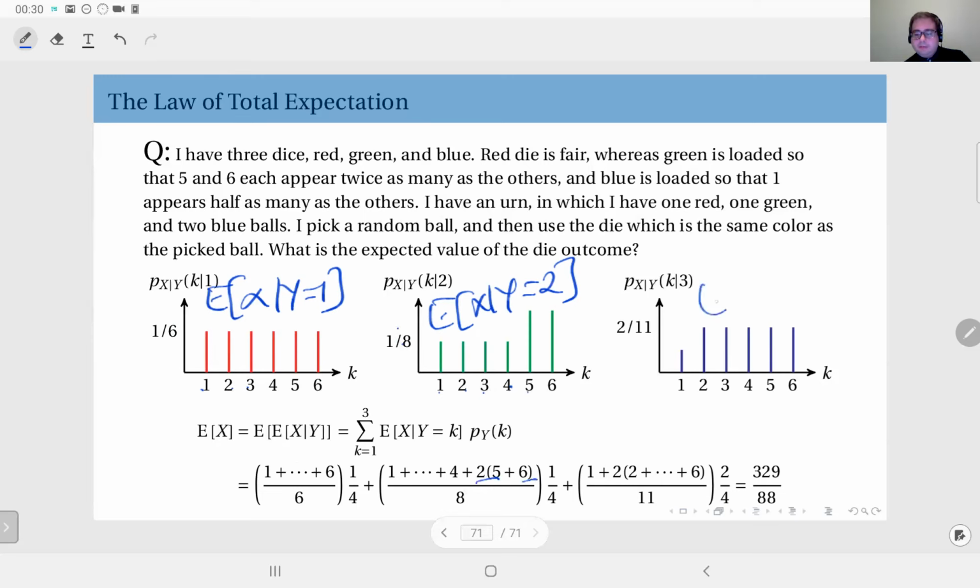And finally, you have the expected value of X given Y equals 3, that is 1 over 11 times 1, 2 over 11 times 2, 2 over 11 times 3, 4, etc. If you add them up, of course here you are going to insert the PMF values of Y at each k value.